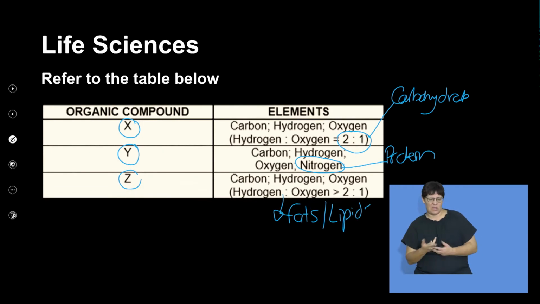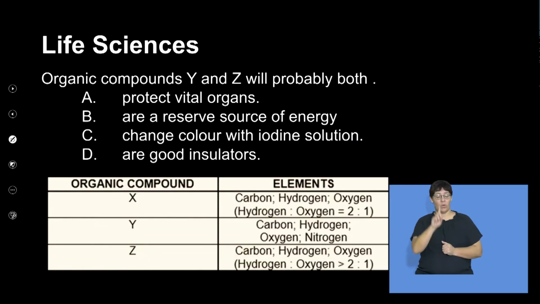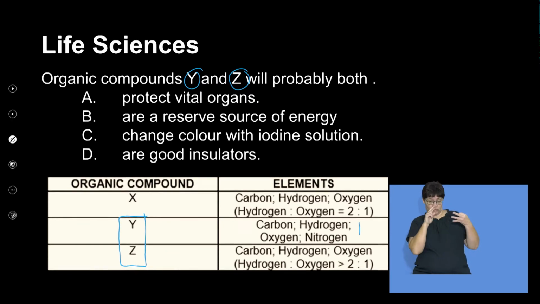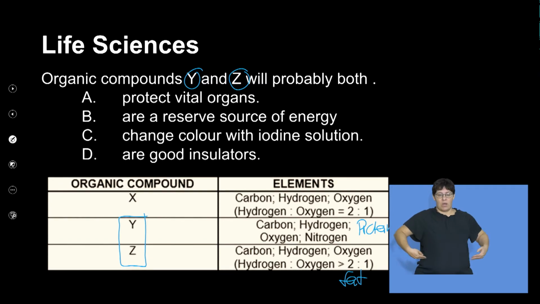We use lipids there. What is the question? Organic compounds Y and Z will probably both. Now look at Y and Z. We are looking at Y and we are looking at Z. Protein, okay, and fat. Will protect vital organs. Oh, fat, yes, but protein, no. Are a reserve source of energy.